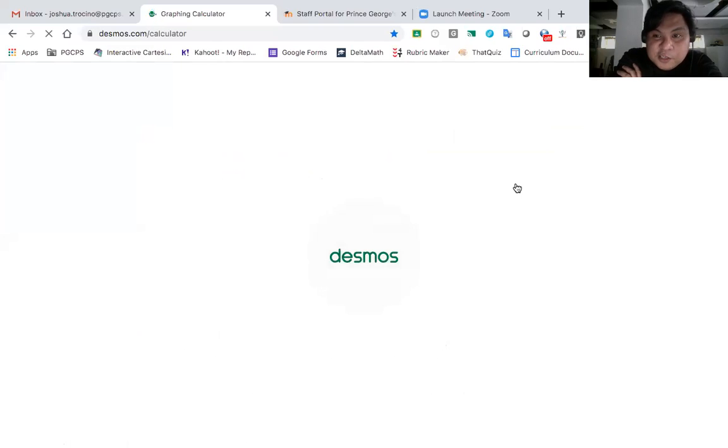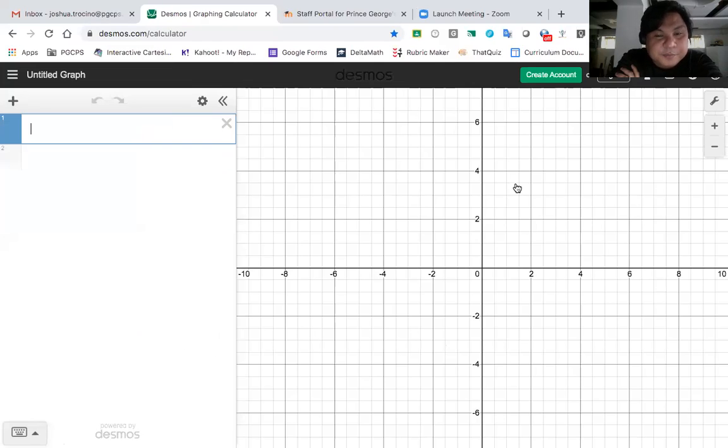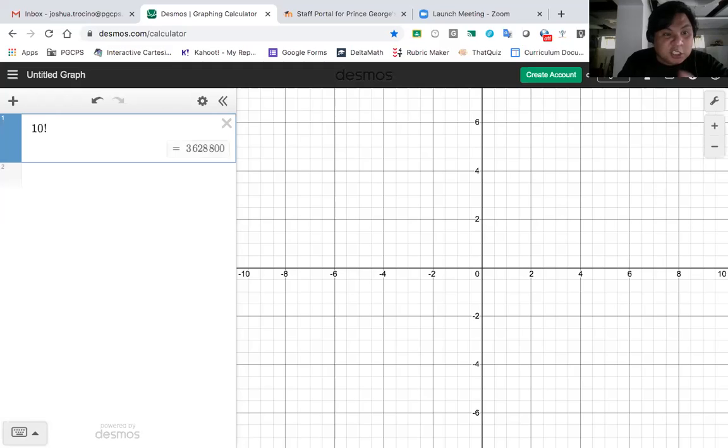My internet connection is not the fastest. All right, so once it's here, we can now start putting in the factorial. So it's 10. Actually, you can use your keyboard if you have a keyboard, if it was a laptop. So you can just use the factorial symbol there.